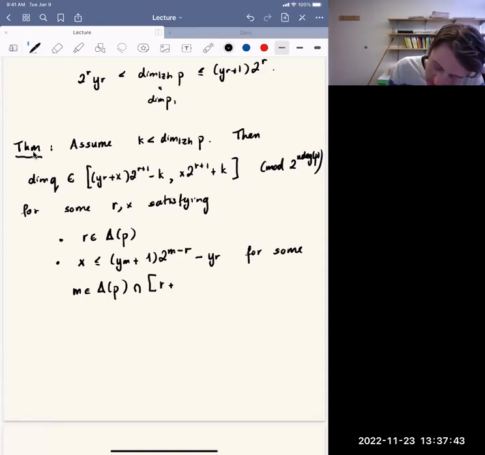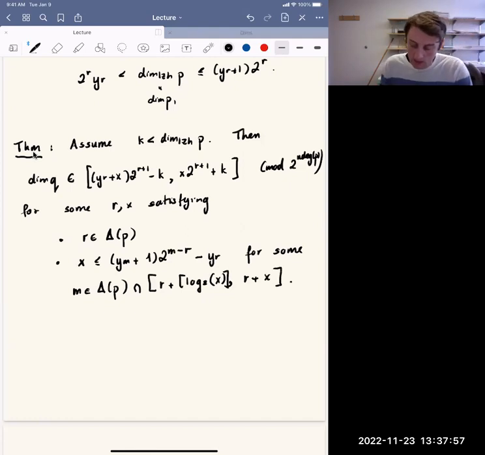So r plus the integral part of base 2 logarithm of x and less than or equal to r plus x. Okay, so this obviously looks very technical and complicated, so let me just make some remarks here.